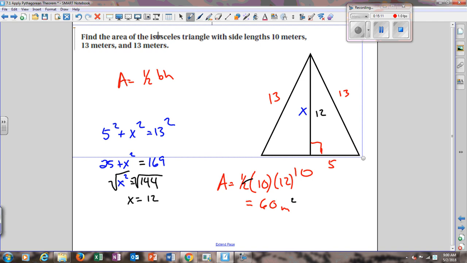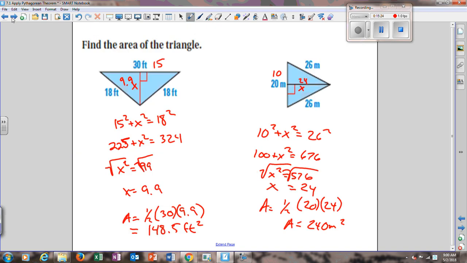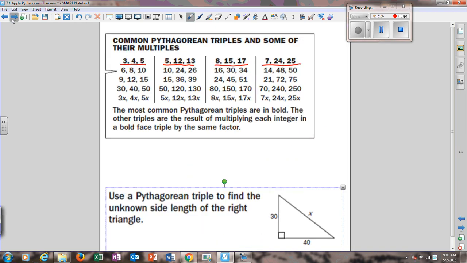So as soon as I see that my hypotenuse is 13 and my base is 5, just by remembering the common Pythagorean triple, I knew that this height had to be 12. All just because it was a 5, 12, 13 triangle. So if you remember these common triples, it makes it so that you don't actually have to use the Pythagorean theorem.